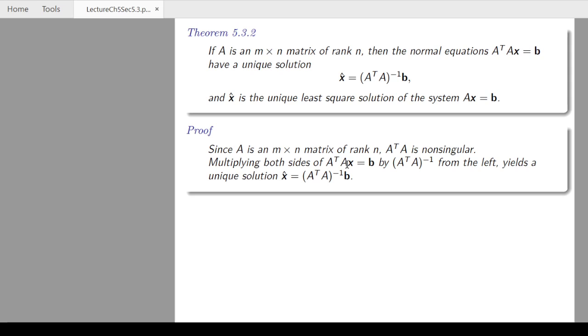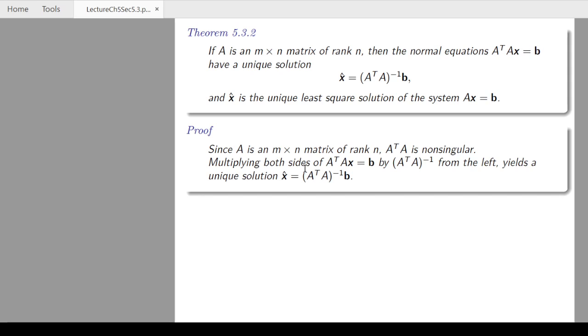Then we get the inverse of A transpose times A times A transpose times A, that's equal to the identity matrix. So on the left side we get X, and on the right side we get the product of the inverse of A transpose times A, then times A transpose B. So we got the solution.